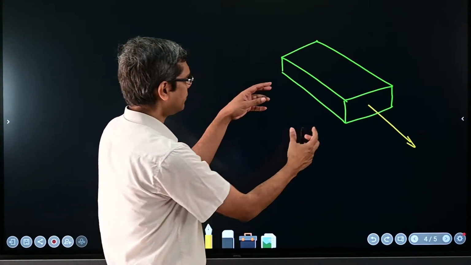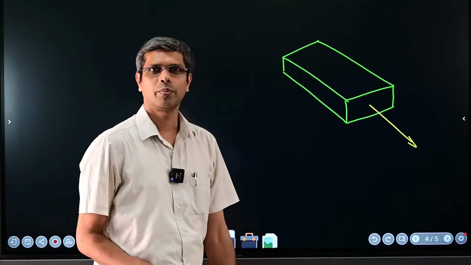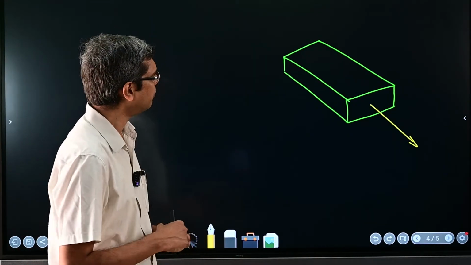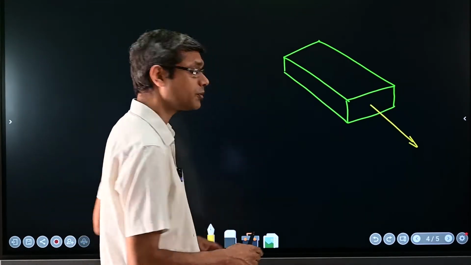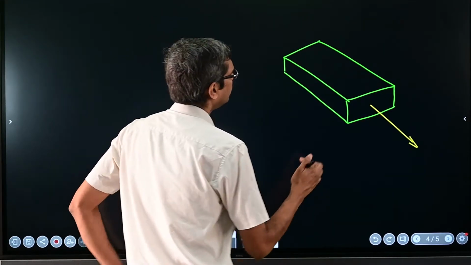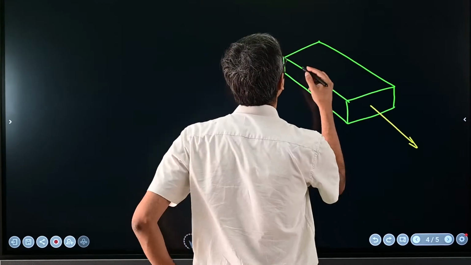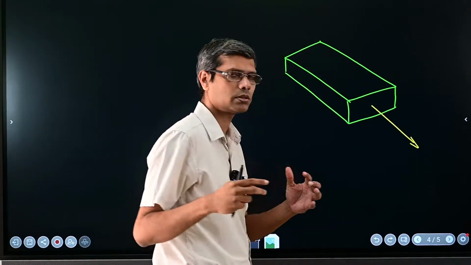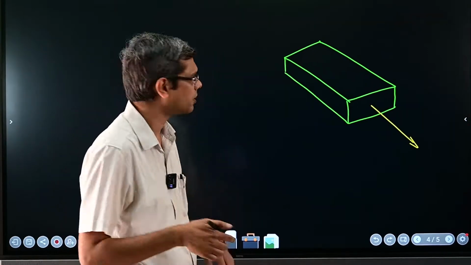So obviously it will get elongated in this way, but then there is a property of material, okay, which we have observed basically, is that not only this gets elongated, but also what happens is the other dimensions, the lateral dimensions, they get shrunk, okay.